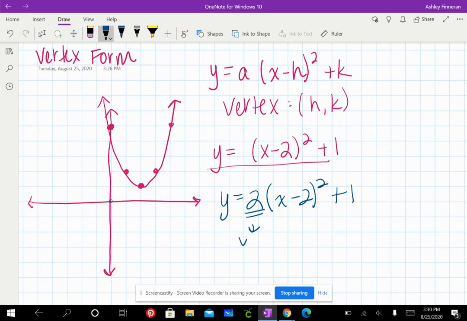Remember, a tells us a vertical stretch. So I'm still going to go over 1 to find a point, and I could use any number I wanted, but I'm choosing to go over 1. And I know I typically go up 1 squared, but now I'm stretching that. I'm pulling it taller by a factor of 2.